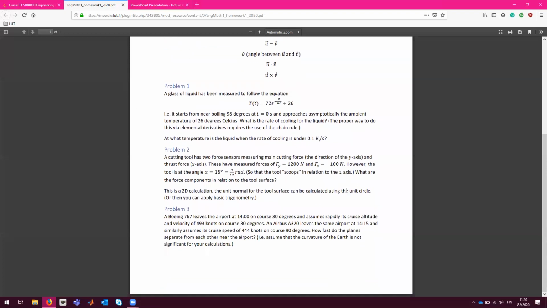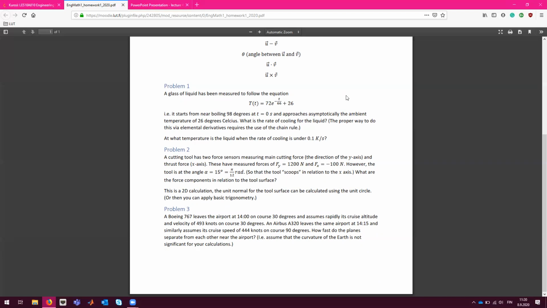Usually this in our university has been that how fast can you cool a glass of beer? But I took the numbers from a web example, and it is essentially nearly boiling water that's being cooled down towards the ambient temperature of 26 degrees.